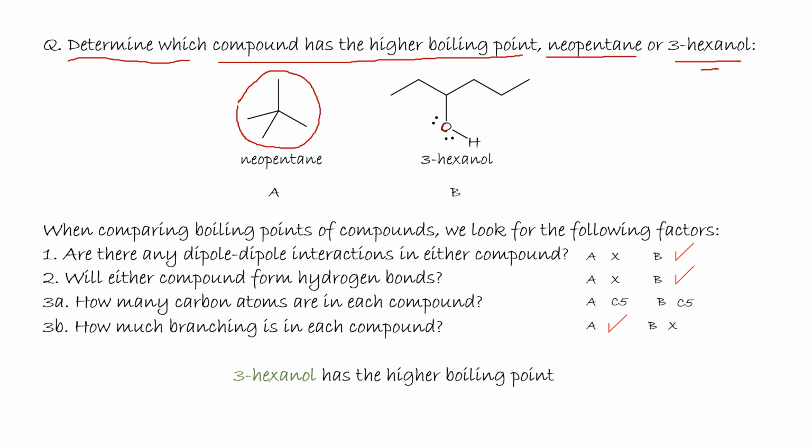Here we have OH. We have partially positive, partially negative, and the whole compound is polar, right? So we have dipole-dipole, yes, in B, but we don't have it in A. Will either compound form a hydrogen bond? Yes, this one will have a hydrogen bond. This compound does not.